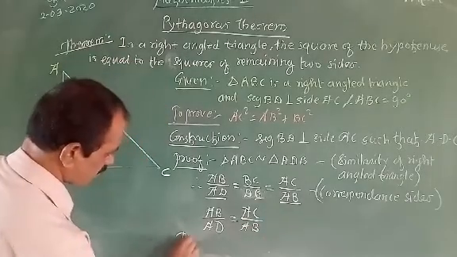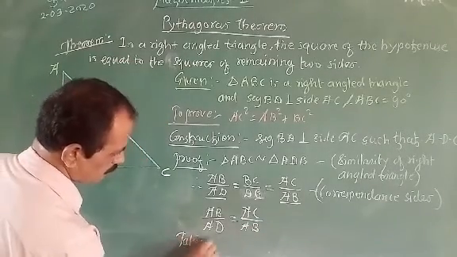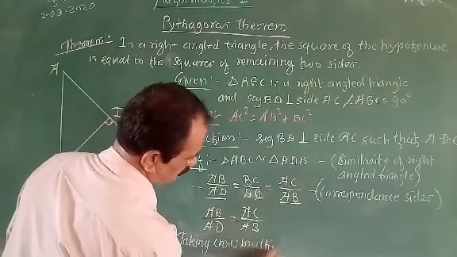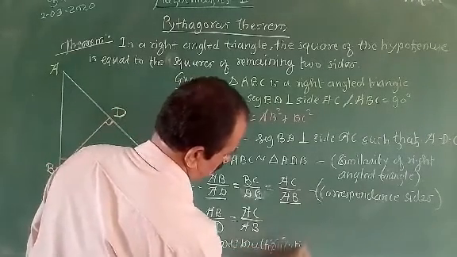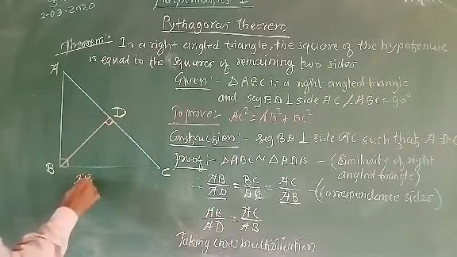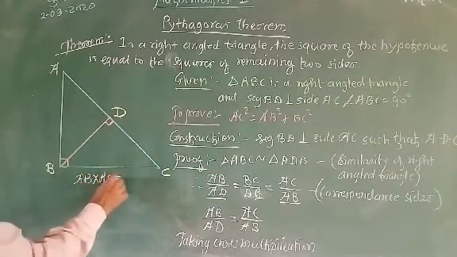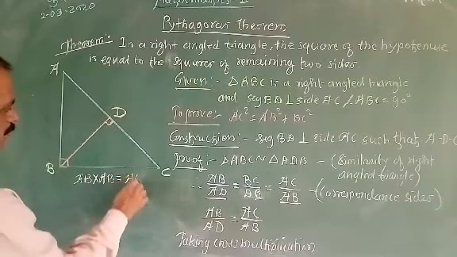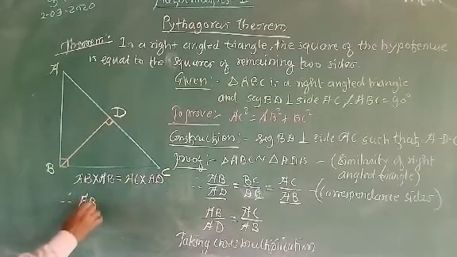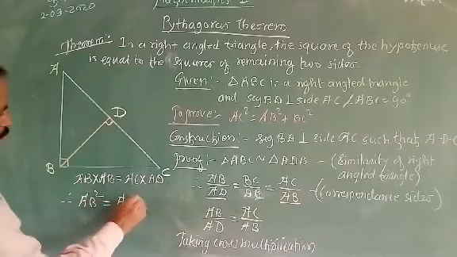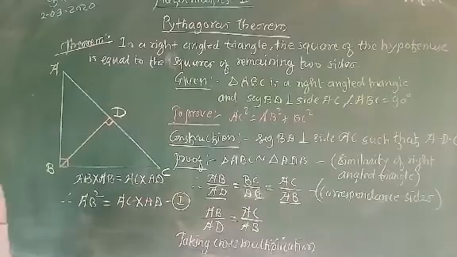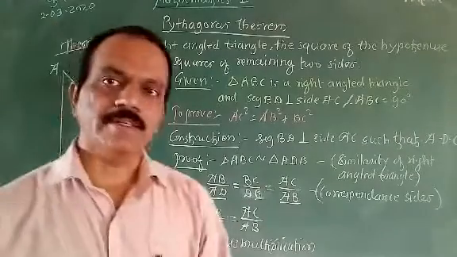Taking cross multiplication, we get AB into AB is equal to AC into AD. That is, AB square is equal to AC into AD. This is our first statement.